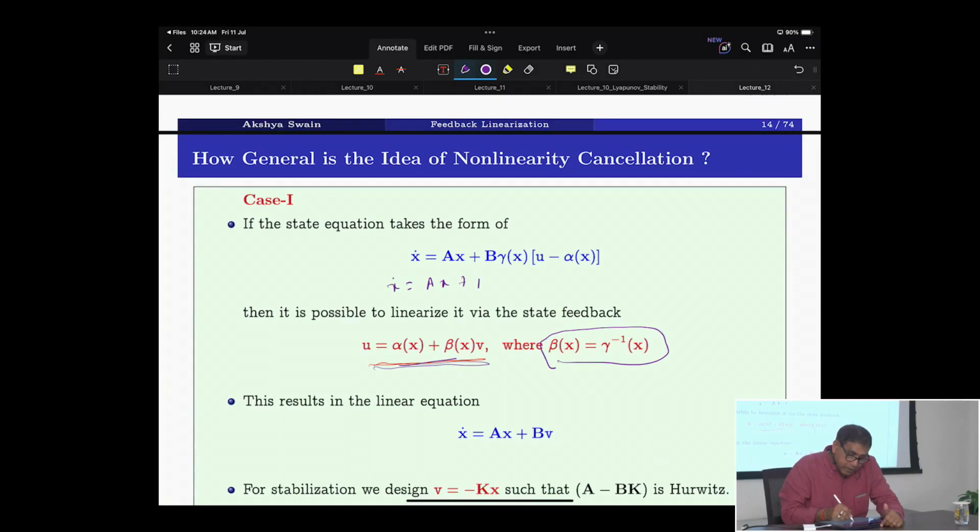x dot is equal to ax plus b gamma(x) into u minus alpha(x).